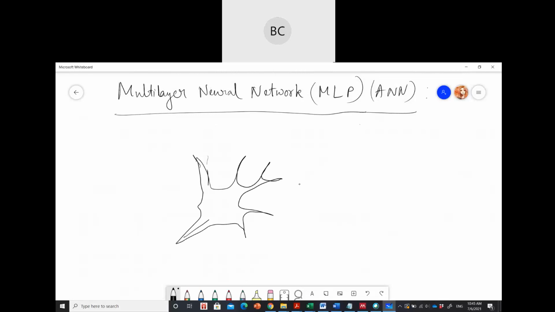It's a bad drawing anyway. If this is your neuron, there will be dendrites and there will be one axon, right? And there will be some synapses. Synapses are the connections to the other neurons.